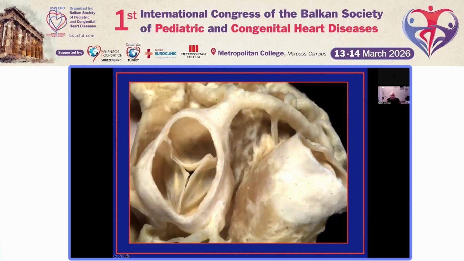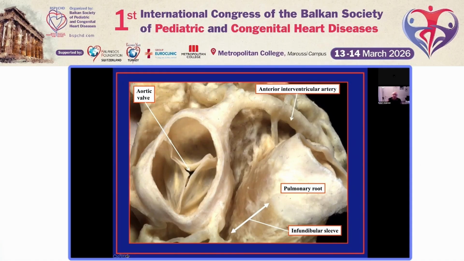What we should not forget, however, irrespective of how we talk about the annulus, is that the aortic valve is forming the centerpiece of the heart, and that the pulmonary root is lifted away from the aortic valve by the freestanding infundibular sleeve. That is also important for the surgeon, because arising from the anterior interventricular artery is the first septal perforator.